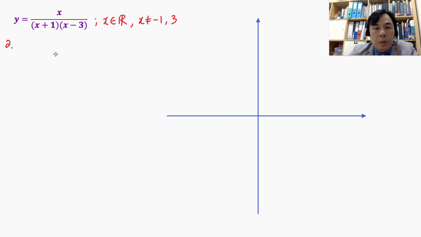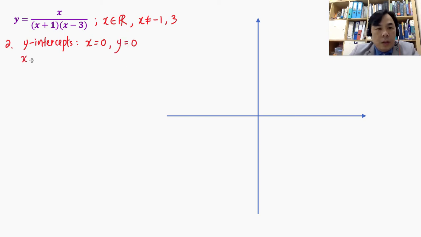Now number two, we're going to find any x and y intercepts. It's pretty obvious. For the y-intercept, you let your x equal to 0. If you let x equal to 0, your y is indirectly 0.